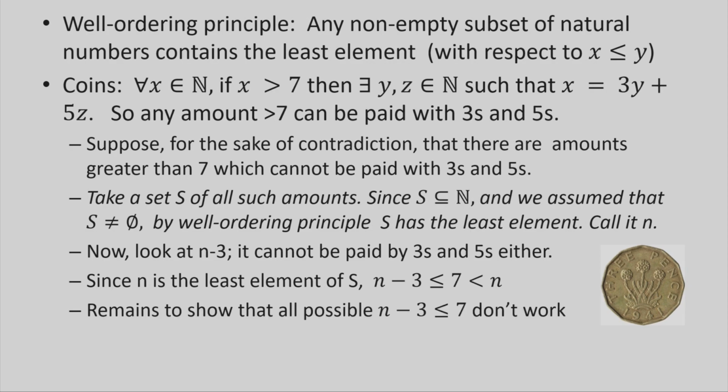So all that's left for us to do is to show that we cannot really get numbers such that n minus 3 is less than or equal to 7, but n is greater than 7 and not payable with 3's and 5's.